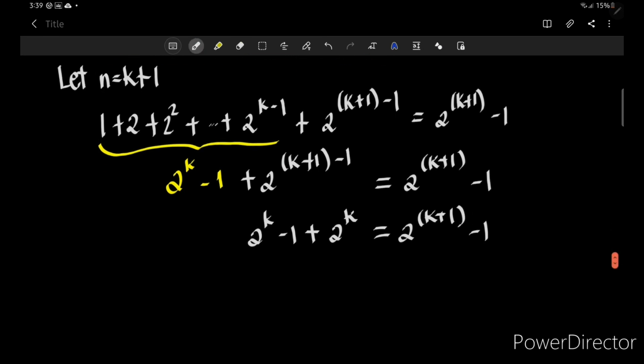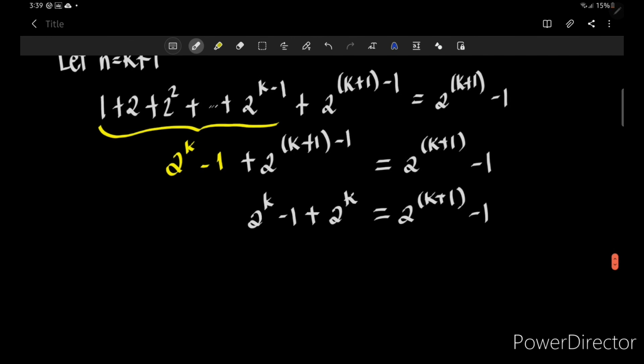Okay. Now, 2 raised to k plus 2 raised to k, yan po ay magiging 2 times 2 raised to k, then minus 1, equal 2 raised to quantity k plus 1 minus 1.